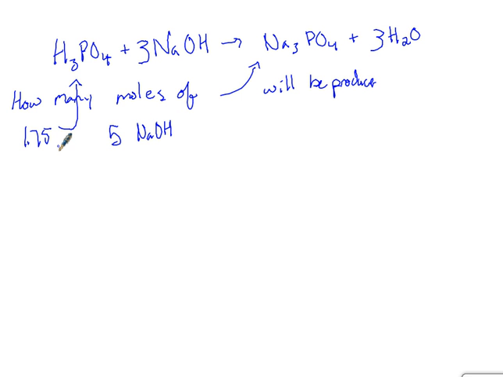Well, our first step, we've got to find which one of these is our limiting reagent. Which one of these is going to limit how much sodium phosphate will be produced.